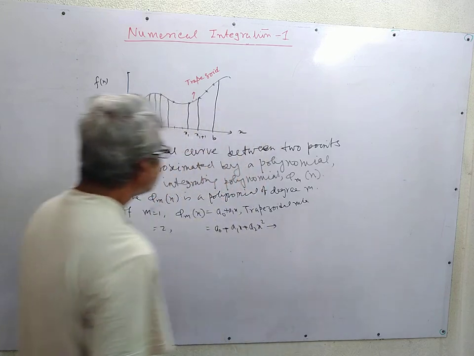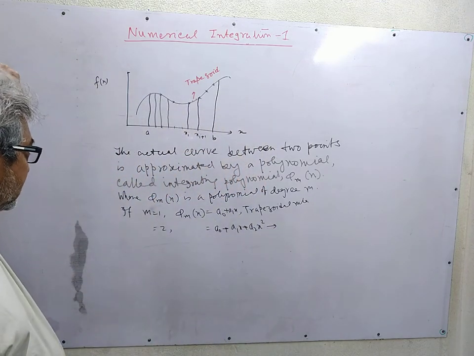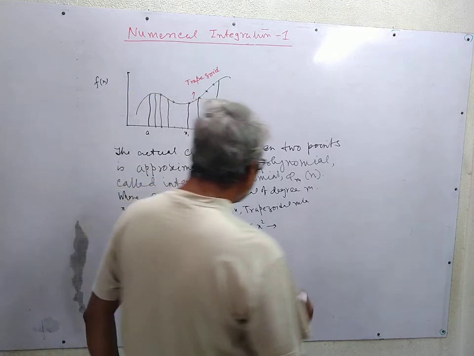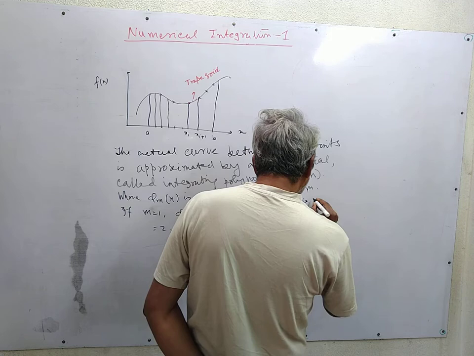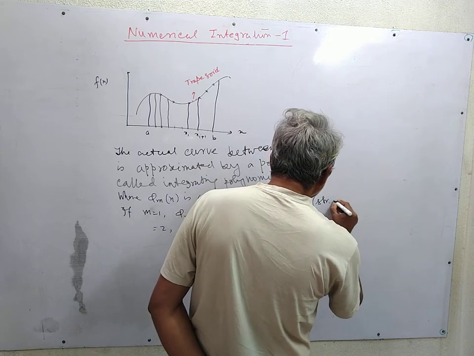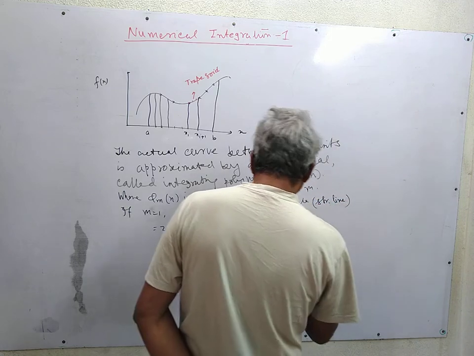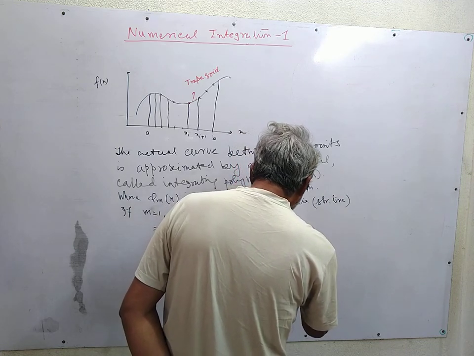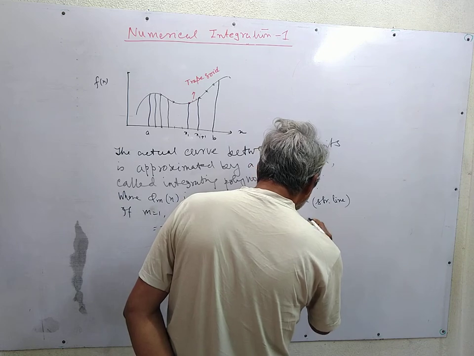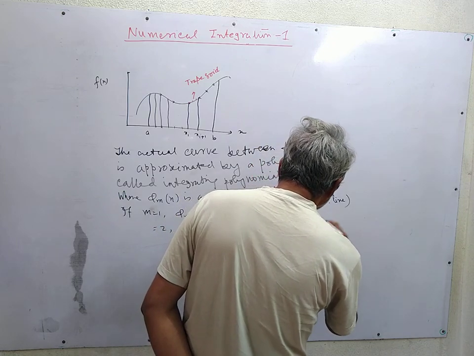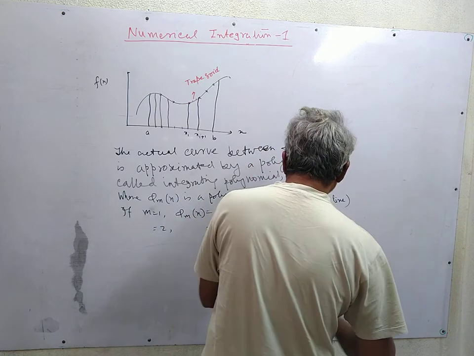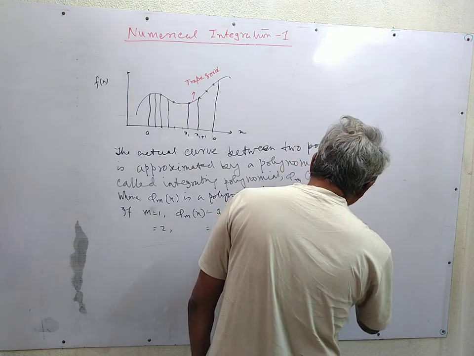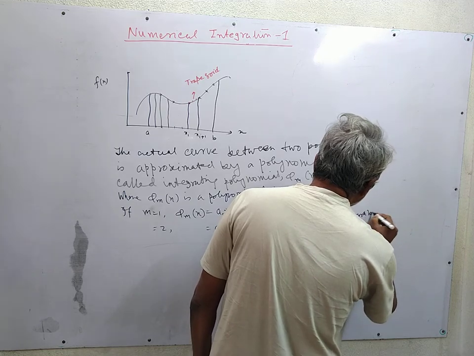That is, the values between two consecutive x values are approximated by a parabola, whereas the trapezoidal rule uses a straight line. This is Simpson's 1/3 rule. This is a parabolic fit.